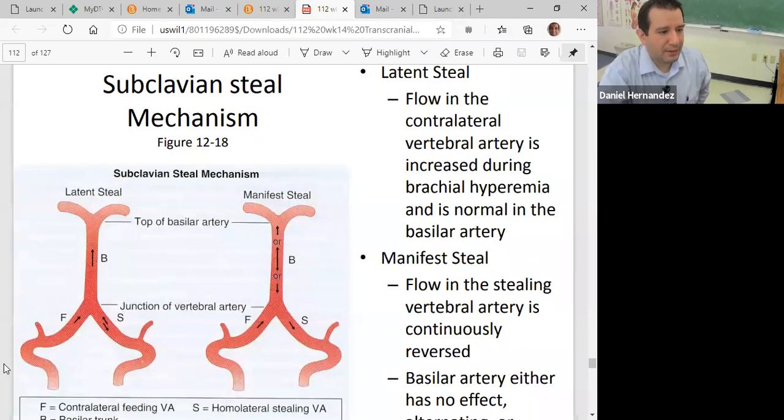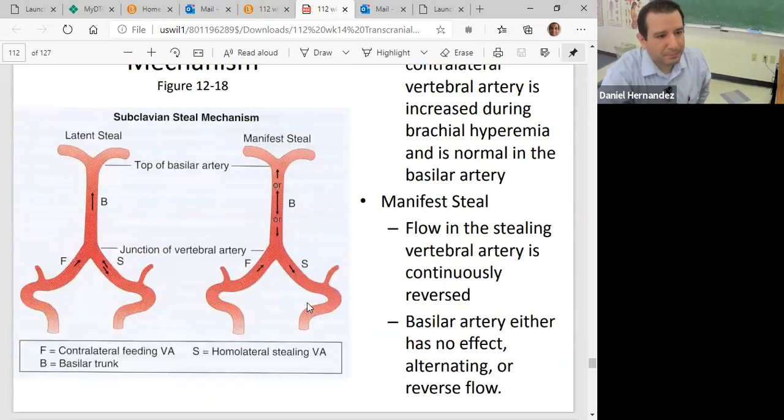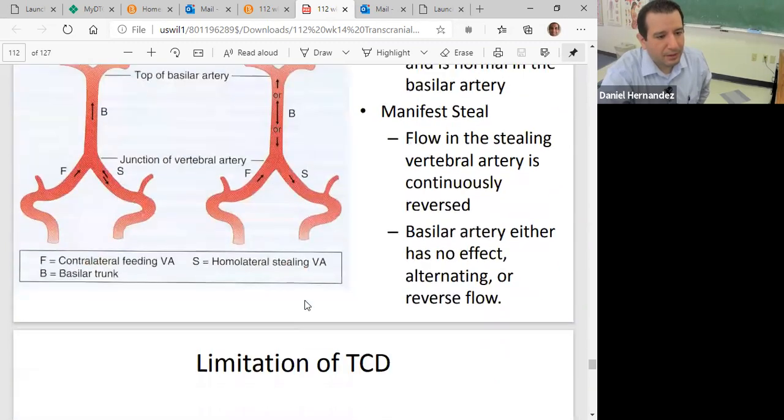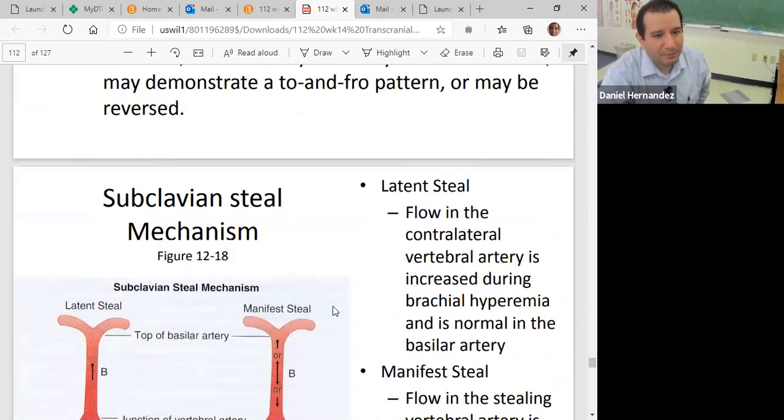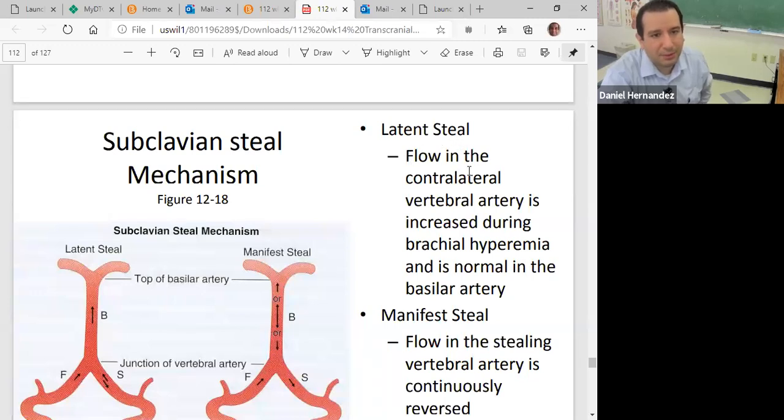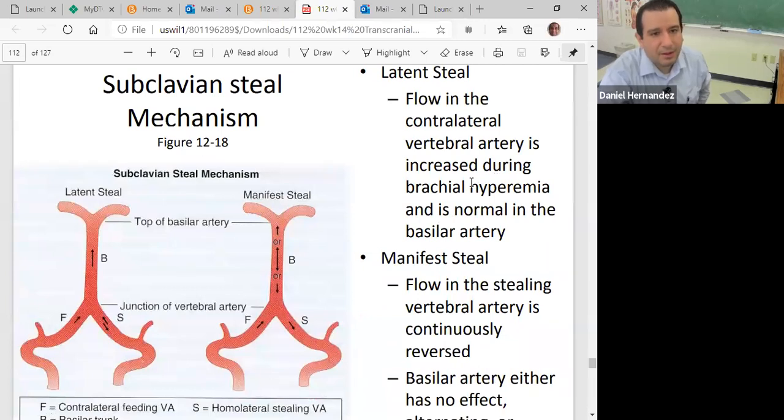So this shows that if we have normal flow direction in one of the basilar arteries, but a steal syndrome in the other, we'll still have normal flow direction in that basilar artery. In a latent steal, flow in the contralateral vertebral artery is increased during the brachial hyperemia and is normal in the basilar artery.